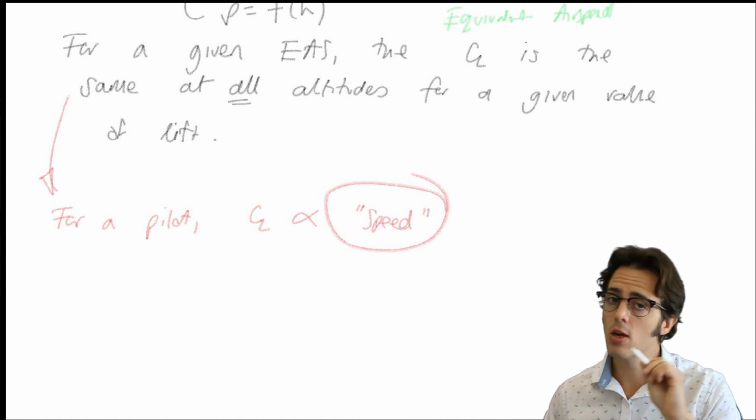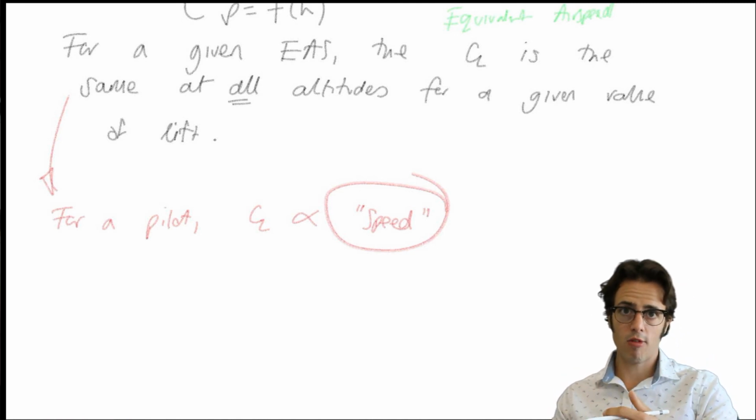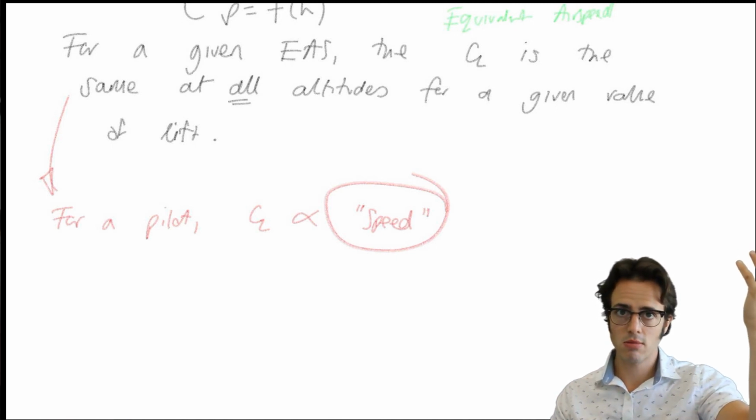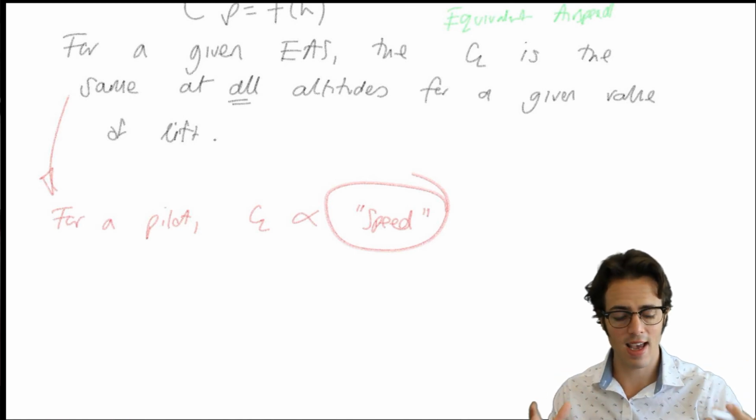If we're talking about speed in equivalent airspeed, that fixed value of lift corresponds to the same CL at whatever altitude we're at. So then it corresponds to the same equivalent airspeed at any altitude.